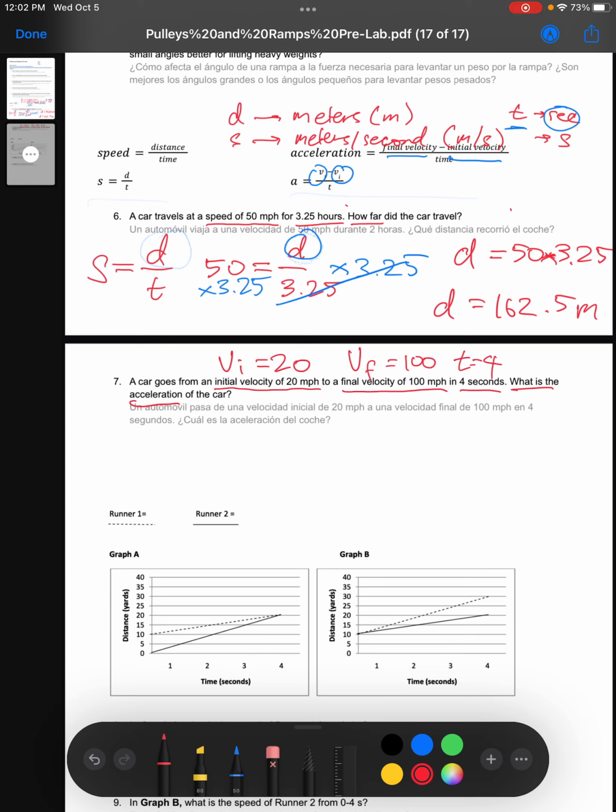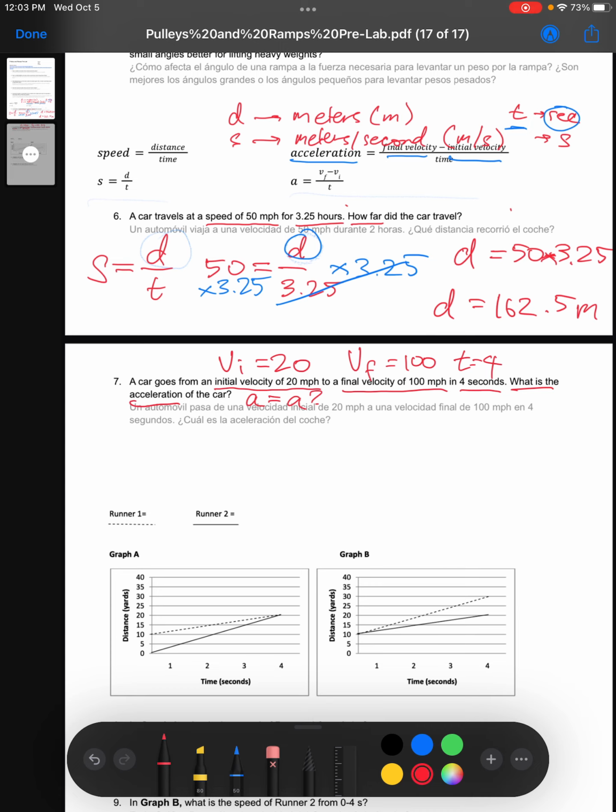What is the acceleration of the car? So what letter goes with acceleration? So acceleration, that is a. So we can write a equals a, because the question is asking what is the acceleration. So let's just erase some of that stuff so we can see the equation better.